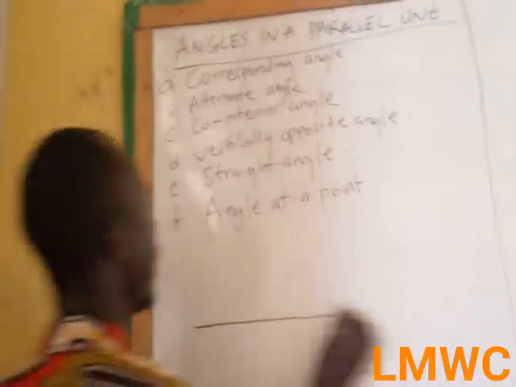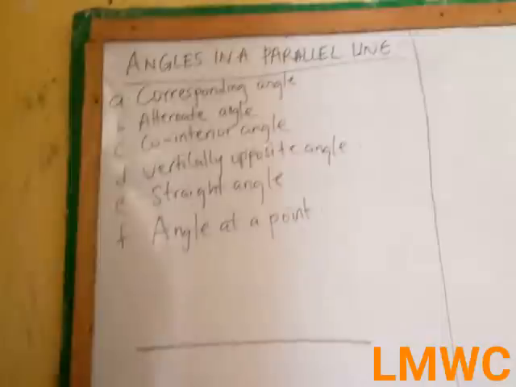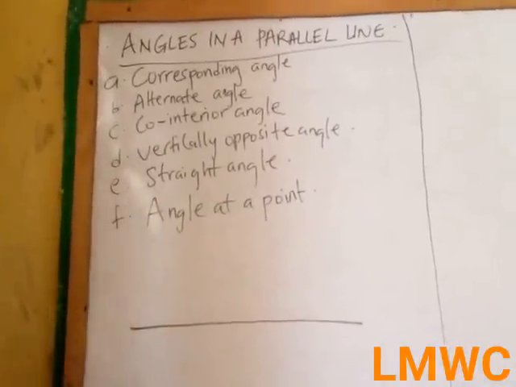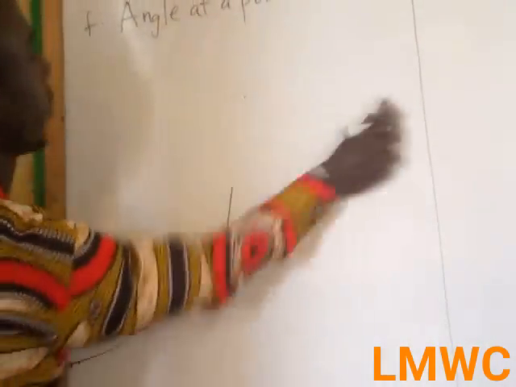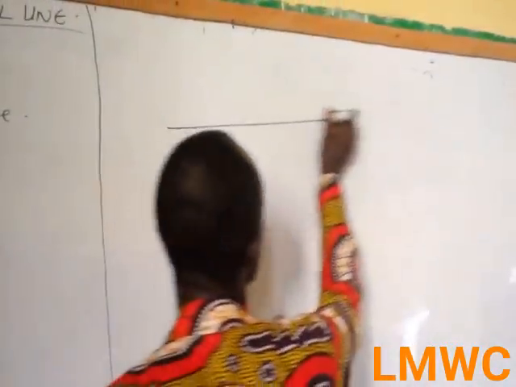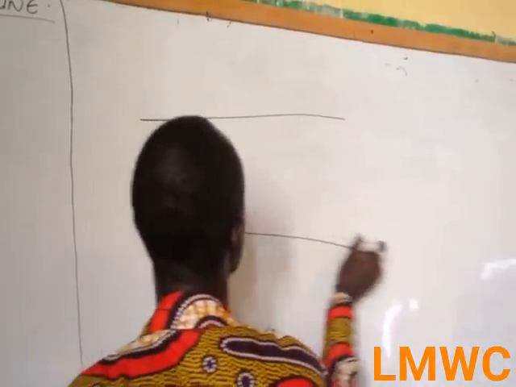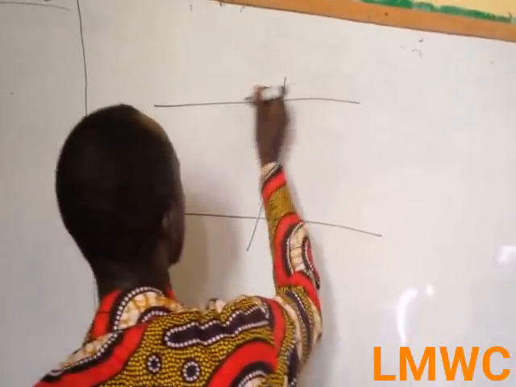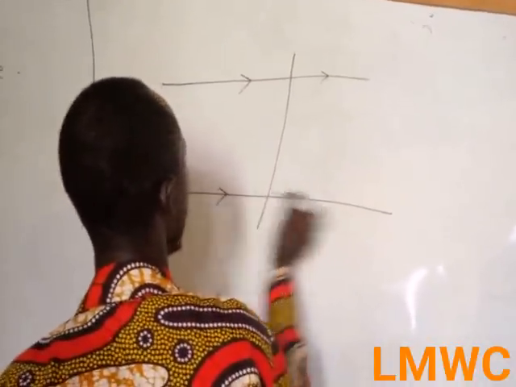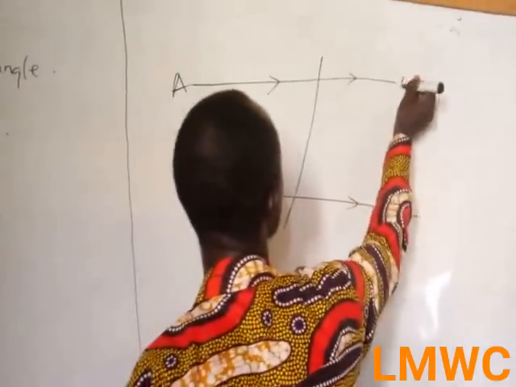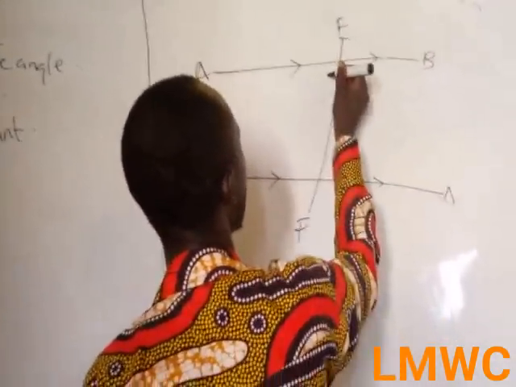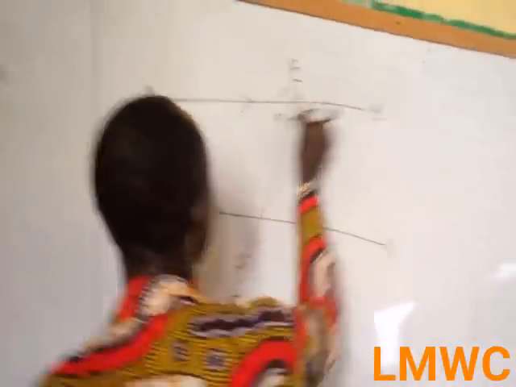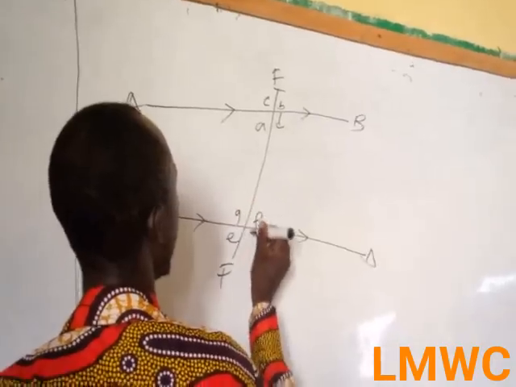So I will use my diagram to demonstrate these angles. Let me draw my figure here. I have A, B, C, D, and these are my angles E, F, G, H. So you see this diagram.